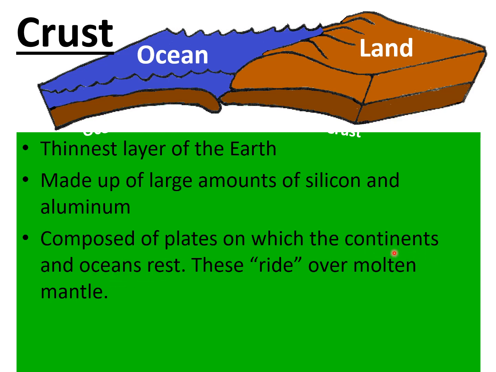Your continents are big pieces of land, such as the Asian continent, the European continent, the African continent, and the North and South American continents. They are big pieces of land which rest on the so-called plates.